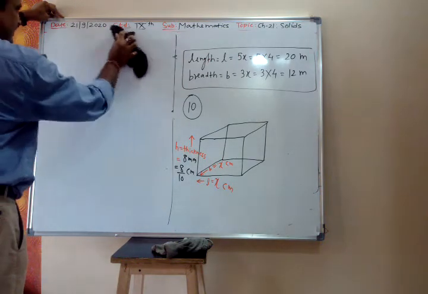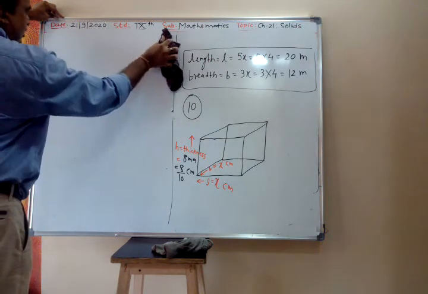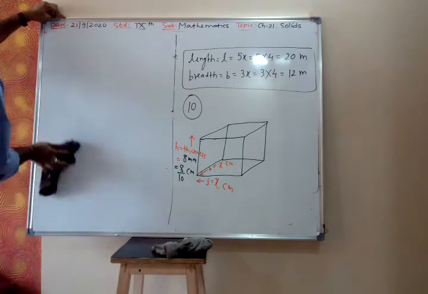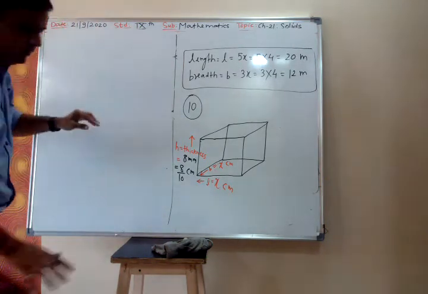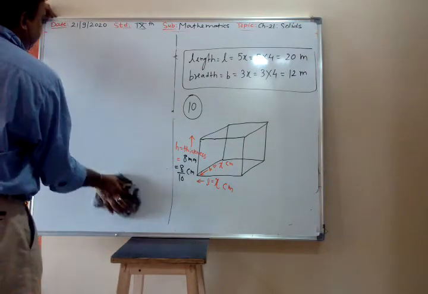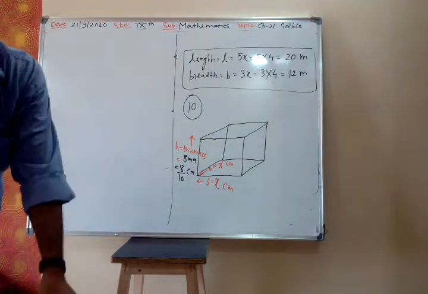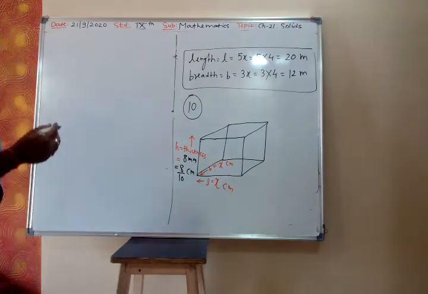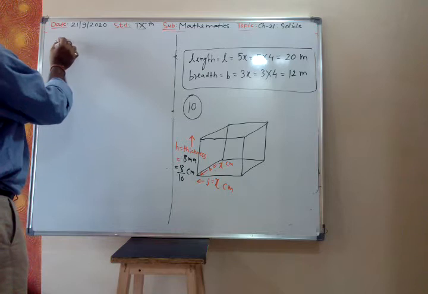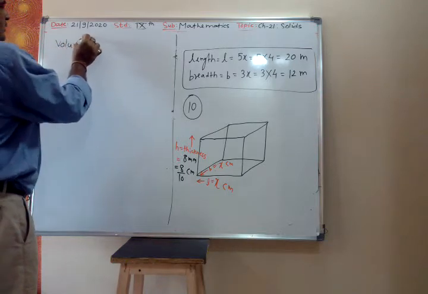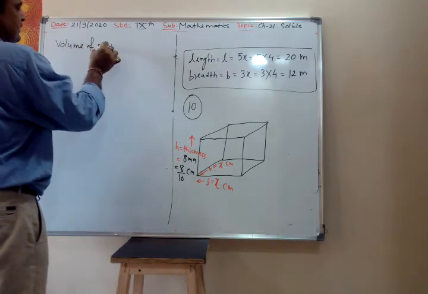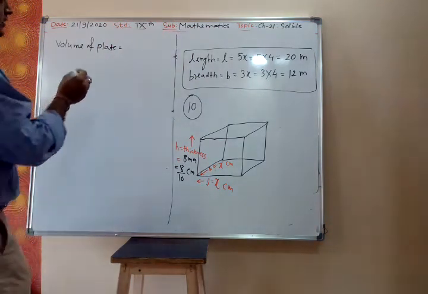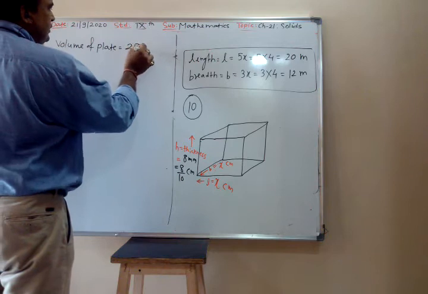Whenever length, breadth and height all three are equal, it becomes a cube. If any one of them is different, it becomes a cuboid. So now we write the volume of the plate. How much is that? It is 2880 centimeter cube.